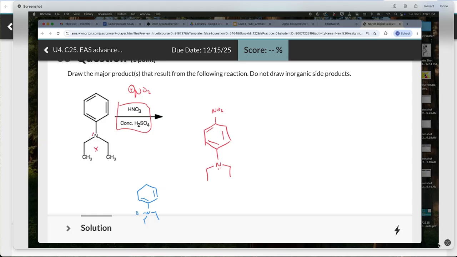And if you protonate it, does atom X have more electrons or less electrons than hydrogen?